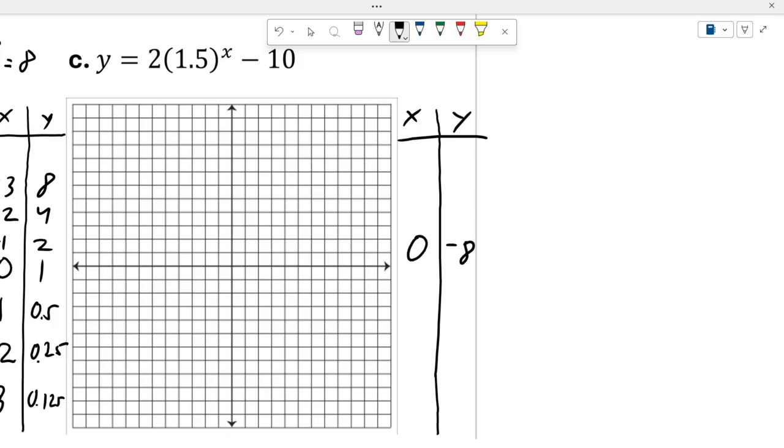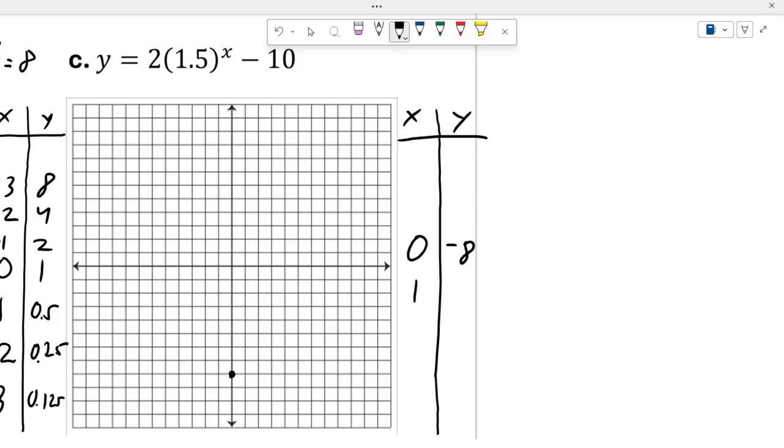Let's go to the right. Okay, so 0, negative 8. So 1, 2, 3, 4, 5, 6, 7, 8. So I'm right here. I'm going to hold off on indicating that on my graph until I know what the rest of the graph looks like. So let's go to the right first and see what happens.